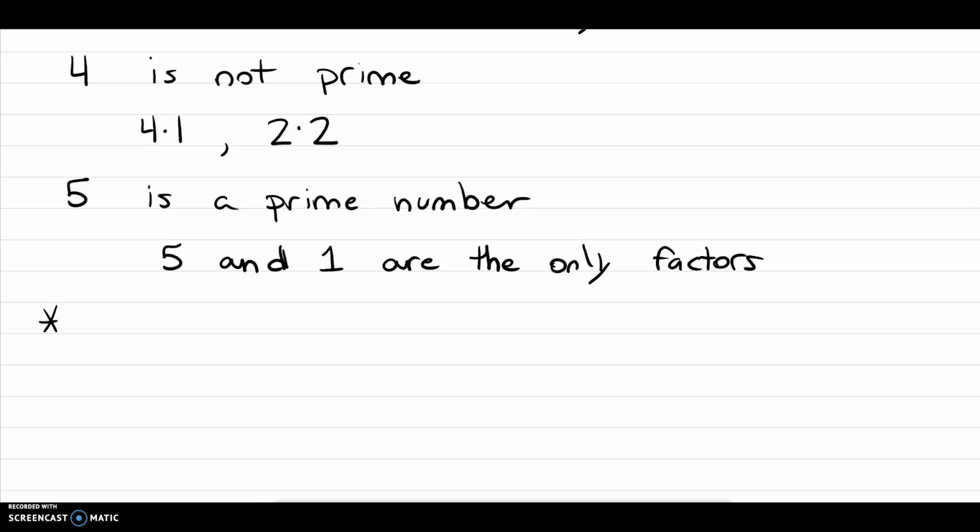So numbers that aren't prime, we call composite.